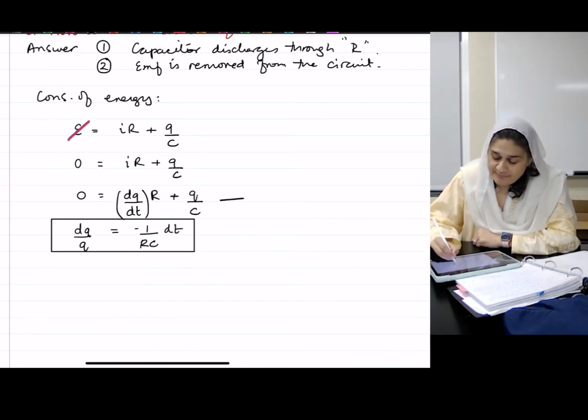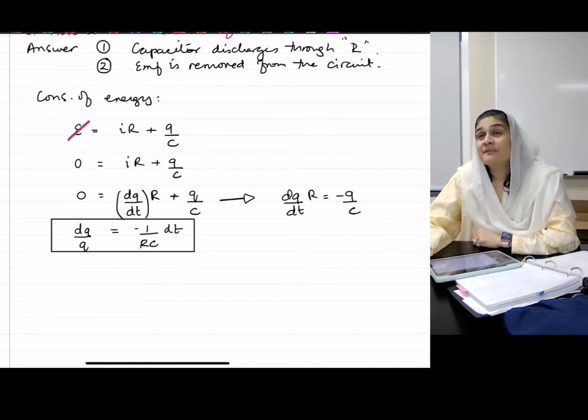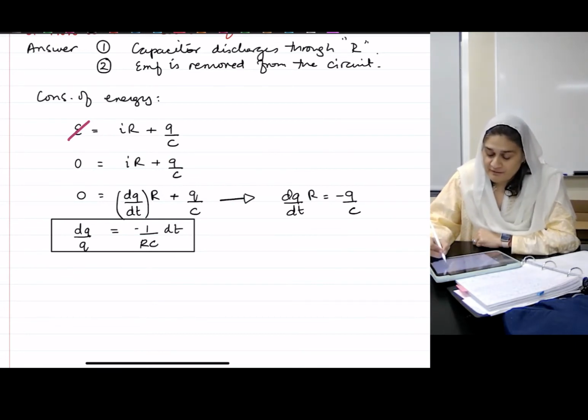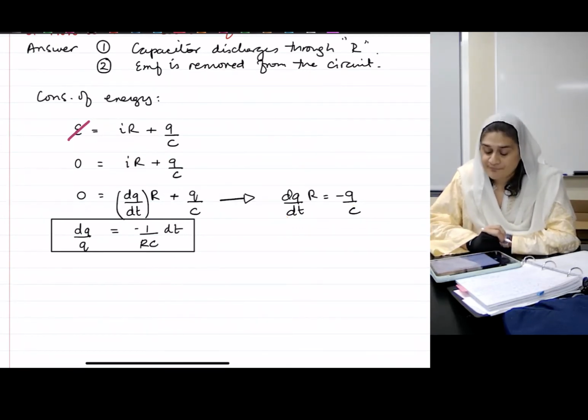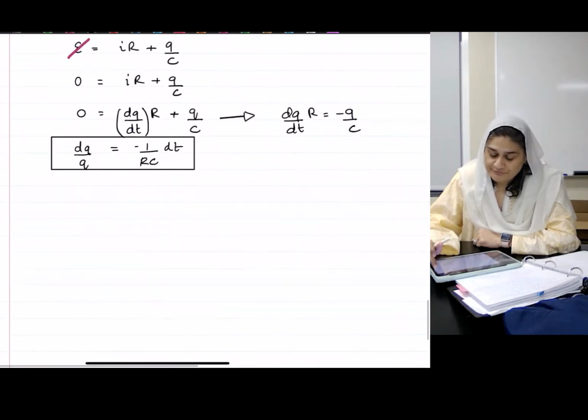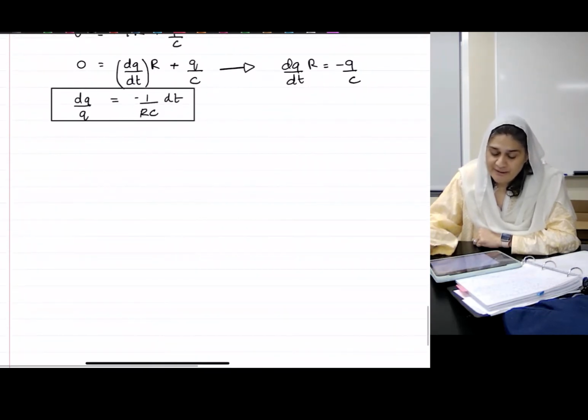The only step that might be tricky, so just do dQ over dt R equals minus Q over C. And just bring the Q to this side and R and t to that side. Right? Because like things should be on the same side when we do integrations. Okay, what do I get?